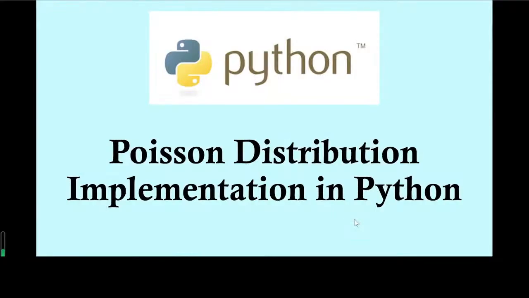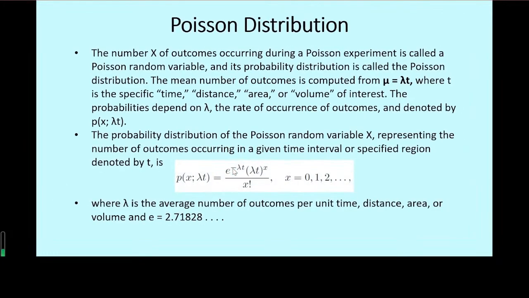In this video, we will show how to implement Poisson distribution in Python. So first, we will talk a little bit about Poisson distribution. Poisson distribution is used to model the discrete count of event occurrences in a specific period. This can be a time period or a specific area, for example.